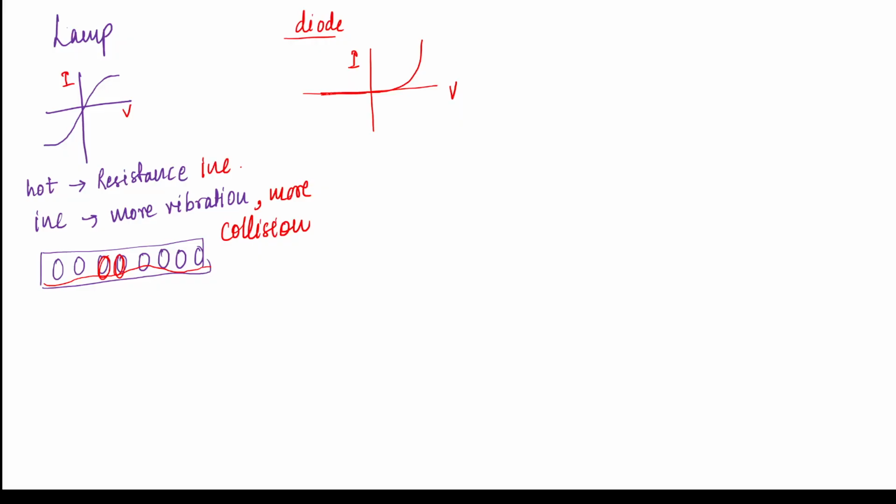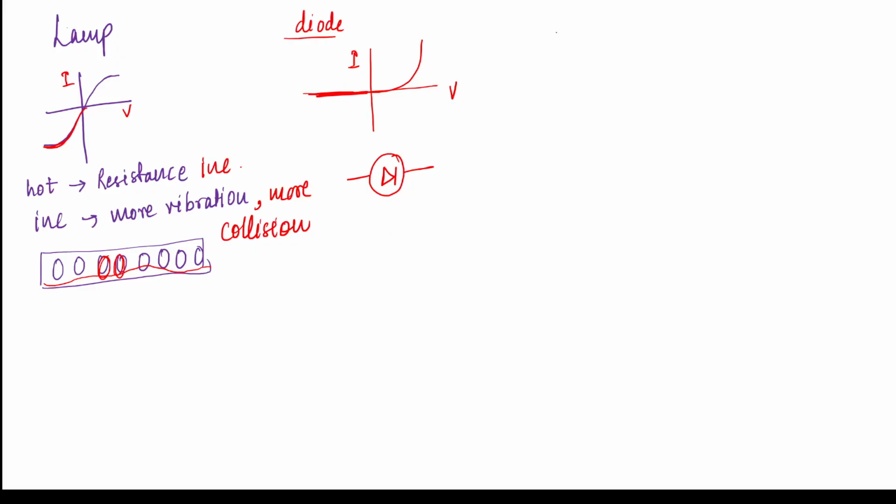See, on the right hand side there is no current, but in the lamp there is a current on the right hand side, even when the voltage is negative. So diode allows current only in one direction.